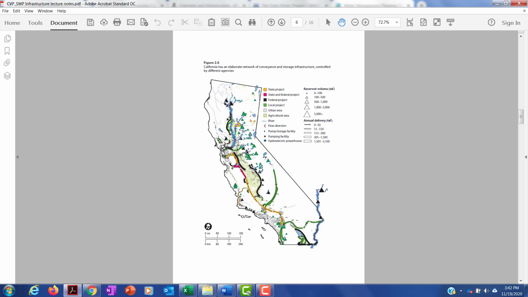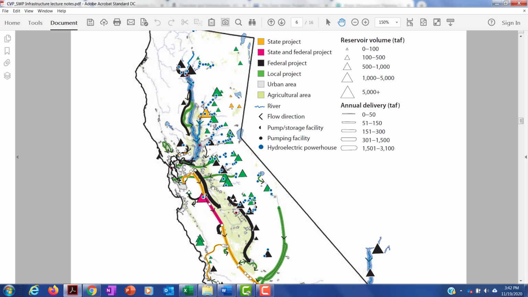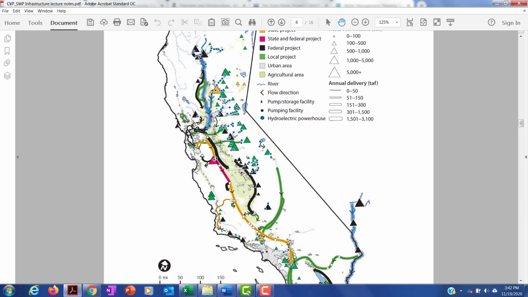Zooming in a little bit here, it's important. This is the Delta, and there is the federal pumping plant, and this is the Harvey Banks pumping plant, versus the other pumping plant for the federal project in the Delta Mendota Canal. Just an awareness of these features.